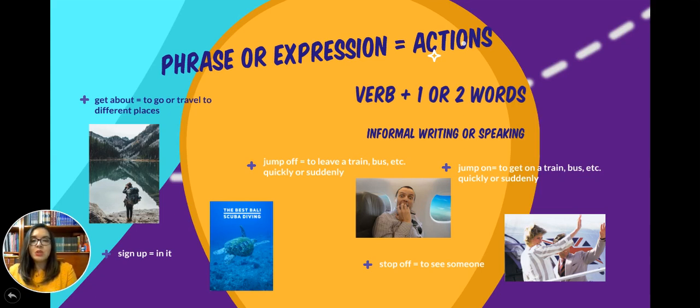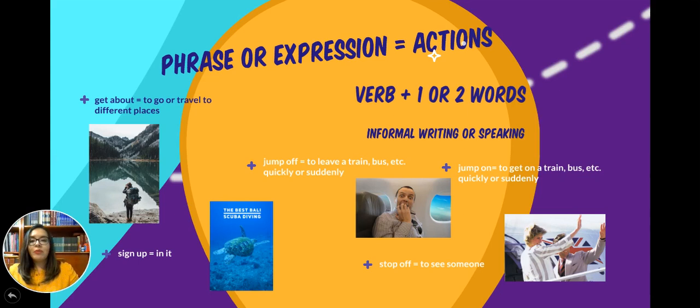So that means that you could use the phrasal verbs when you talk with your friends or with your family, okay? You cannot use them when you apply for a job or when you apply for a university, or even when you talk with the principal, okay? That's not allowed.